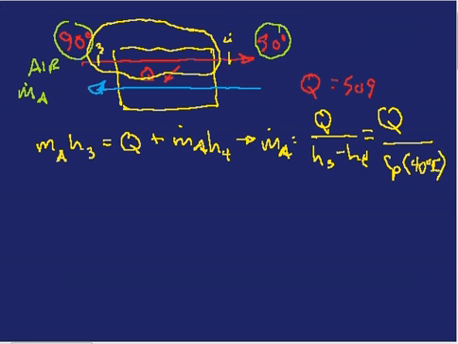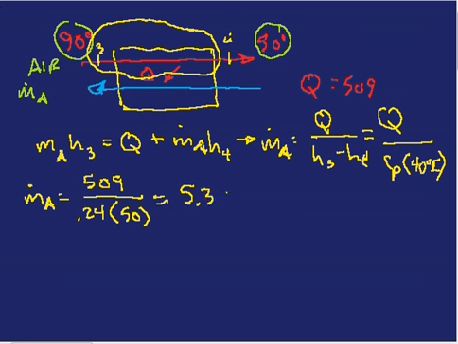So Q over Cp delta T would be mass flow of the air. So m dot of the air is equal to 509 BTUs per minute divided by Cp, which for air is approximately 0.24 BTUs per pound per degree Fahrenheit at these temperatures, and multiply that times 40 in the denominator, and that comes up to mass flow of the air of 5.3 pound mass per minute.